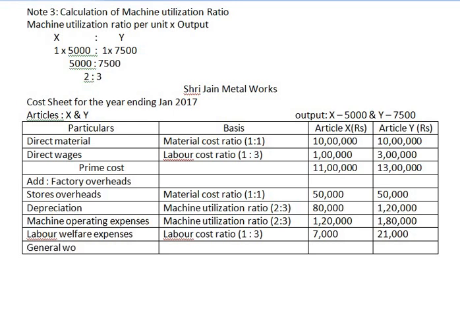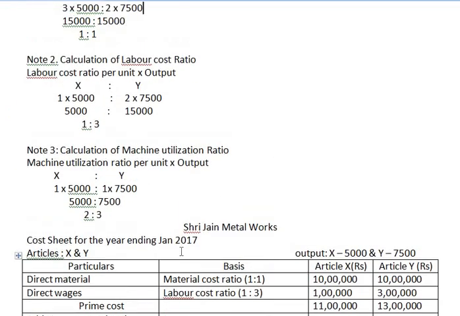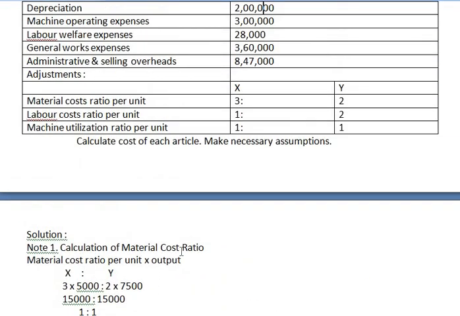General works expenses. Now general works expenses, again it will be related to labors, right? Yes. So labor cost ratio is applicable over here. Ratio is 1:3. Okay, and here amount is how much?